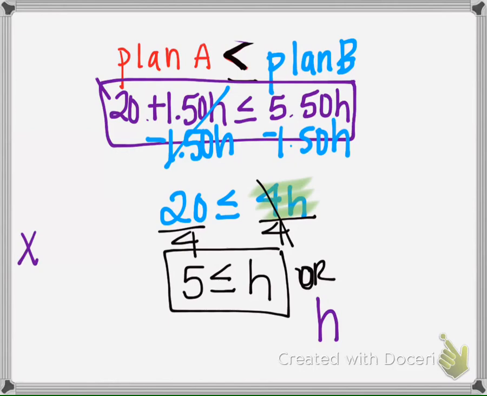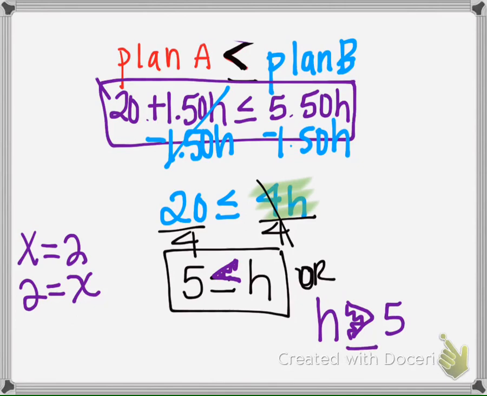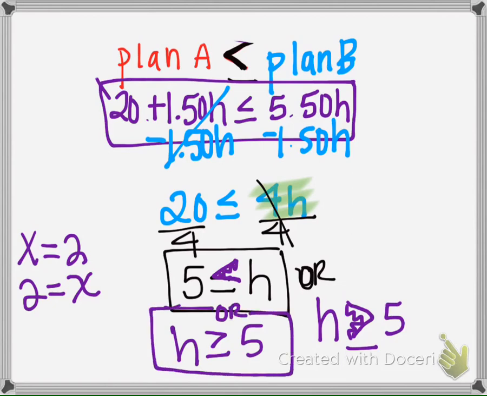Just like we could write x equals 2 or 2 equals x, it doesn't matter what side the variable goes with. Same thing with inequalities, but just like I call this the mouth of the inequality, the wider part is opening to the h, we have to do the same thing here. And then the 5 goes there. So these two are the same answers. It just depends what side you sent the variable to.